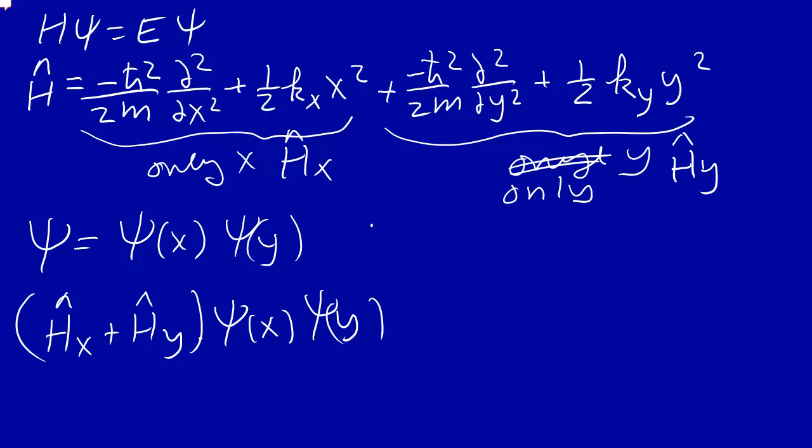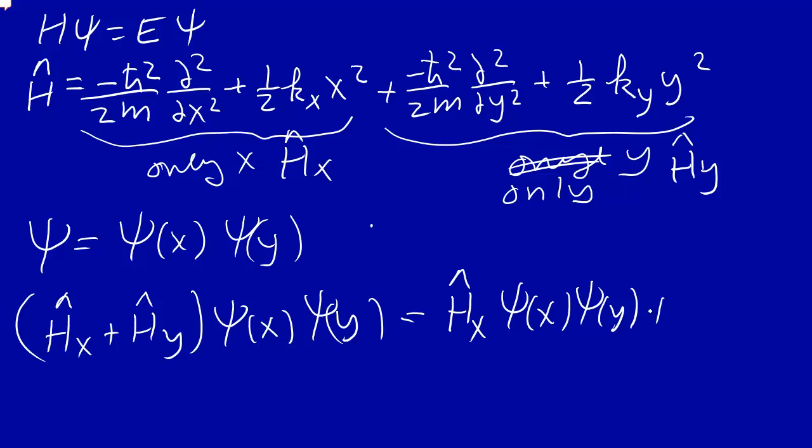We'll just multiply through. This will be the Hamiltonian containing only x terms operating on the product of the wave functions, plus the Hamiltonian in the y direction times the product of these two wave functions.